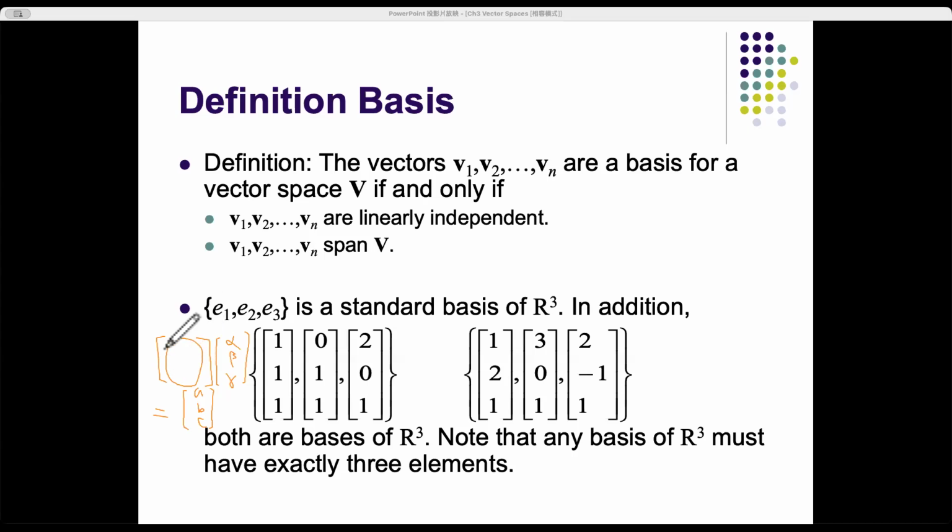To show that this matrix has an inverse, you need to show that its determinant is non-zero. So as a result, if the determinant of the matrix formed by these three column vectors is non-zero, then both of these conditions will be satisfied. In other words, these three column vectors form a basis for R3.